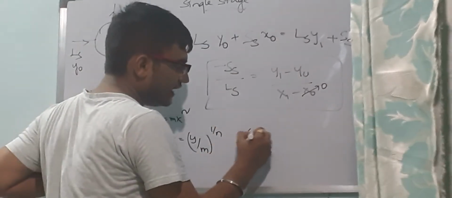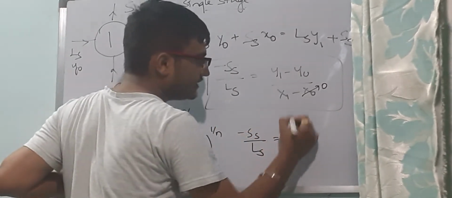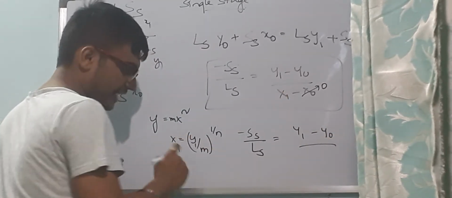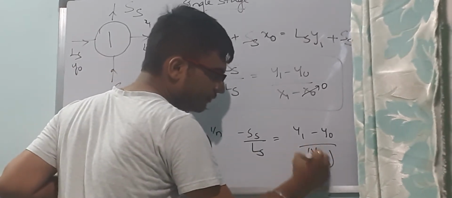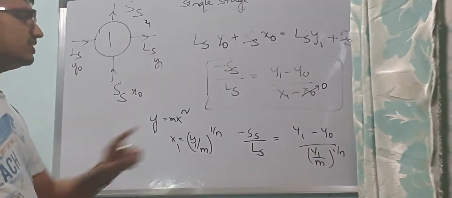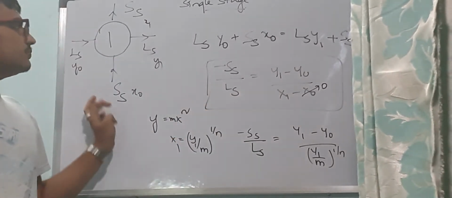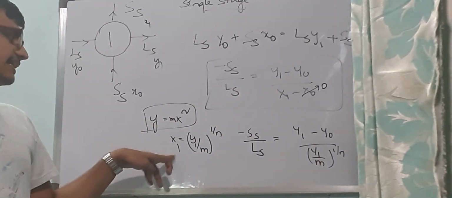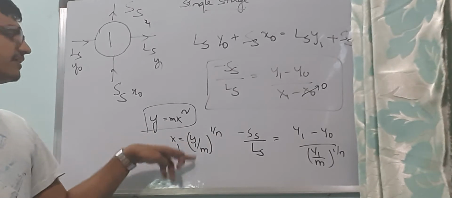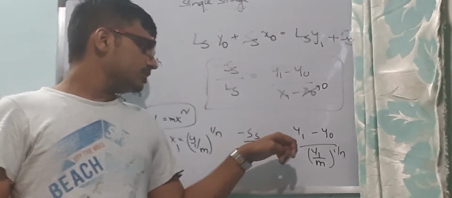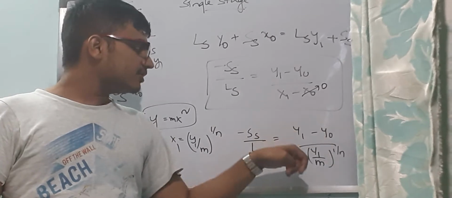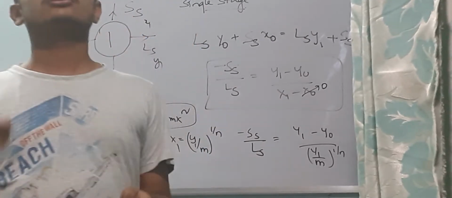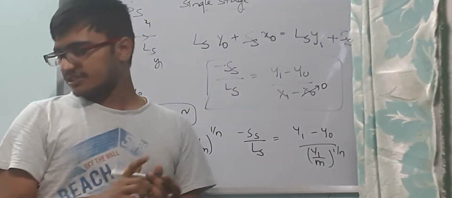So you can write this equation as minus Ss by Ls is equal to Y1 minus Y0 by X1, and X1 will be Y1 by m to the power of 1 by n. So this equation can be written as Y1 minus Y0 by Y1 by m to the power of 1 by n, and X0 is anyway 0 because initially there is no solute particle settled on the solid surface.